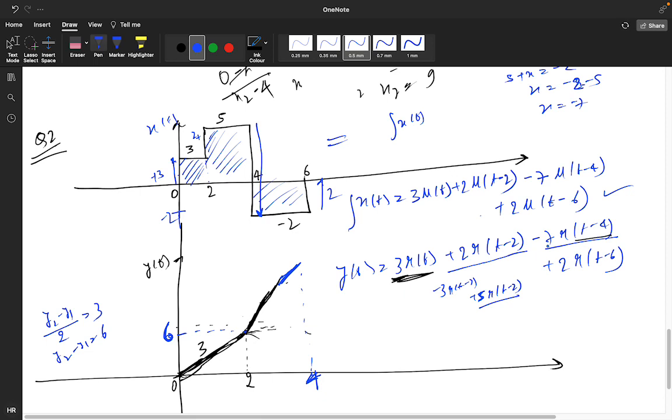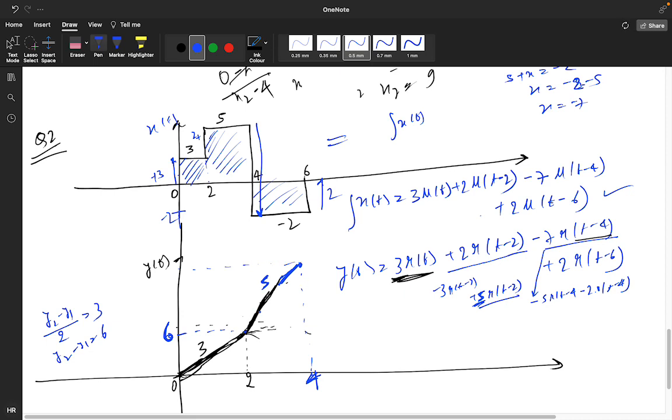So this negative can be written as minus 5 r of t minus 4 minus 2 r of t minus 4, because the slope here is 5. If this particular slope is 5, you need to find the value here.